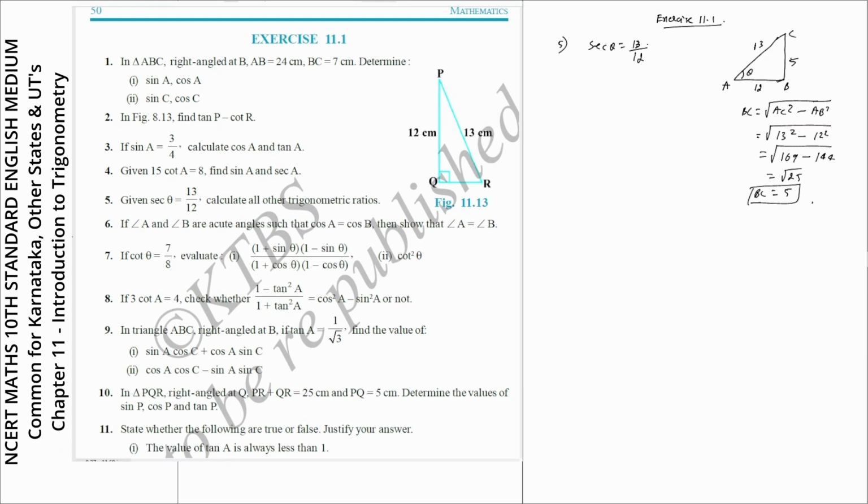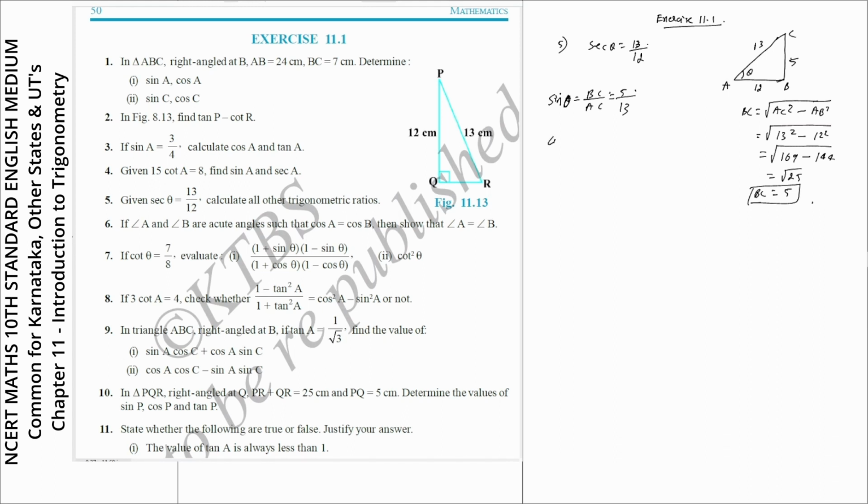Now what is sin A? What is the question? Calculate all the trigonometric ratios. Therefore sin A is equal to opposite by hypotenuse, that is BC by AC. This is equal to 5 by 13. So sin theta, whatever they are given in theta, we'll write it in theta only.